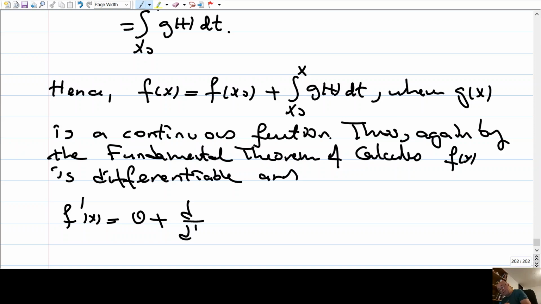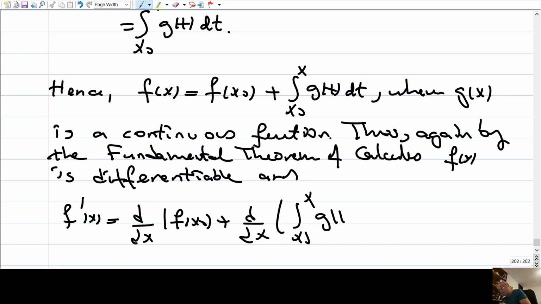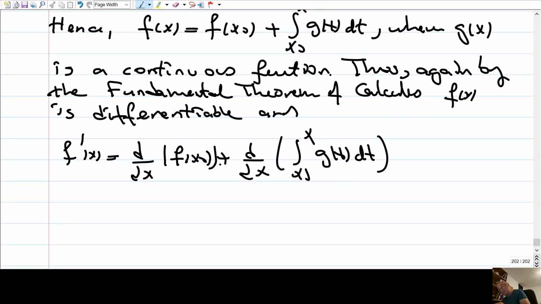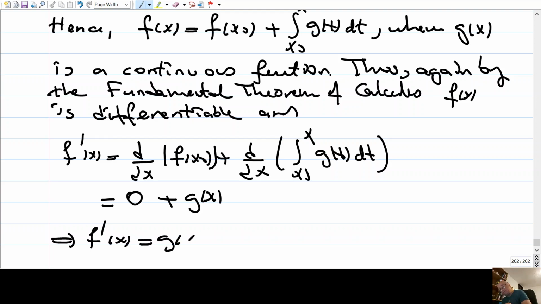Let me write it this way: d/dx of f(x0) plus d/dx of the integral from x0 to x of g(t) dt. This is a constant, so its derivative is 0. And this is just g(x). So f is differentiable and its derivative is equal to g.